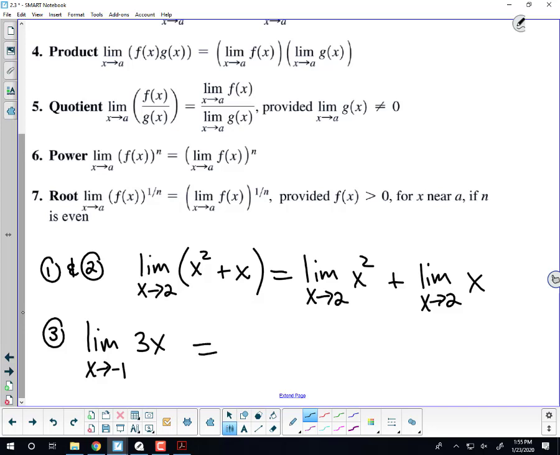But the law just says that that constant multiple of 3 can come out and multiply here. So the limit as x approaches something, you have to think about that limit as an operator, and it's operating on things that involve x. It doesn't operate on the 3 multiplying the x, right? It's just operating on the x.